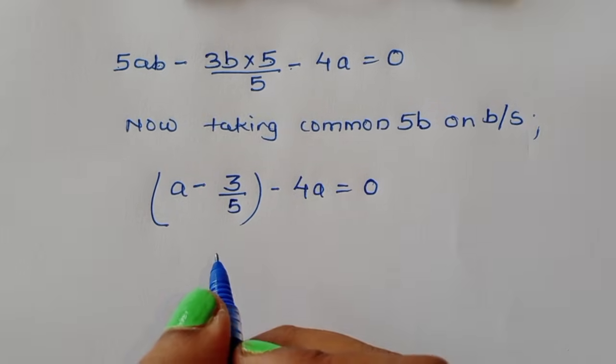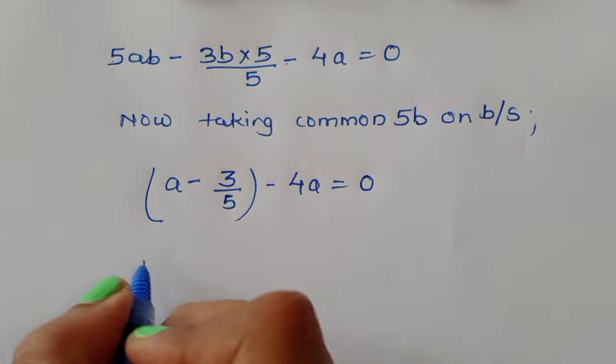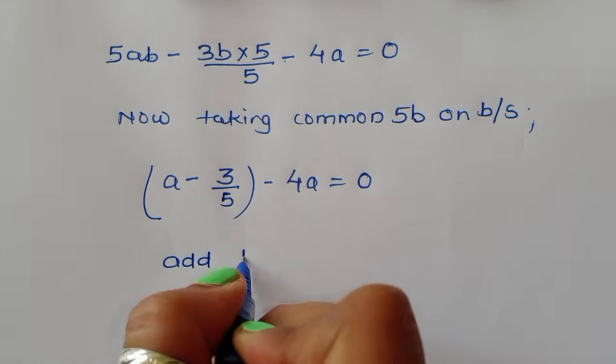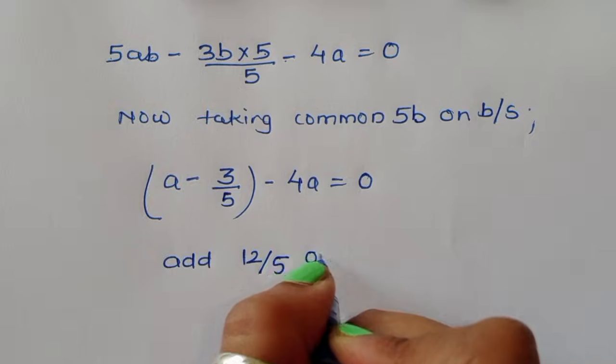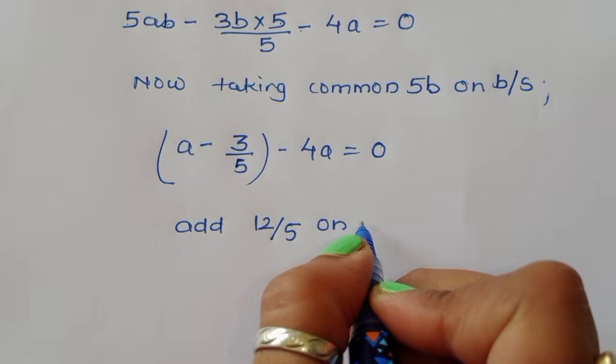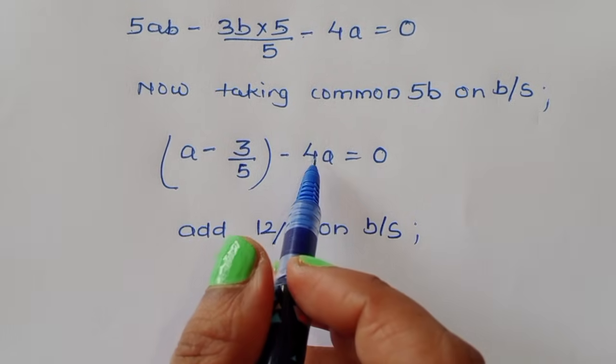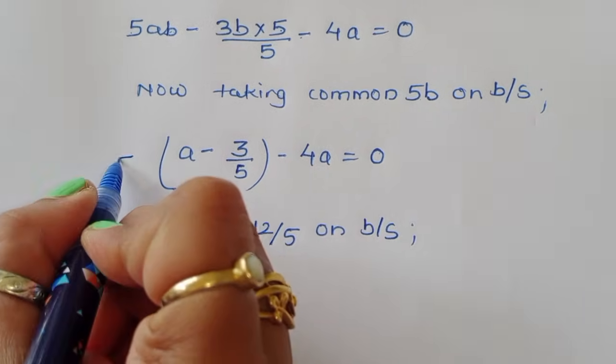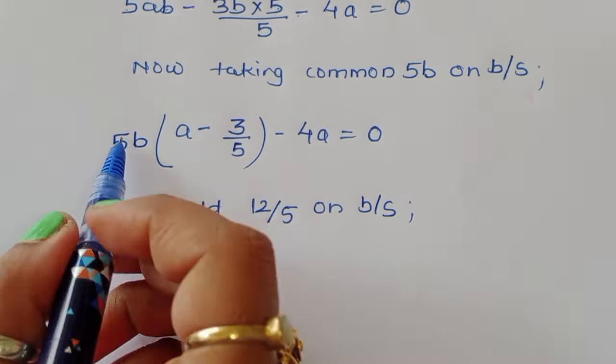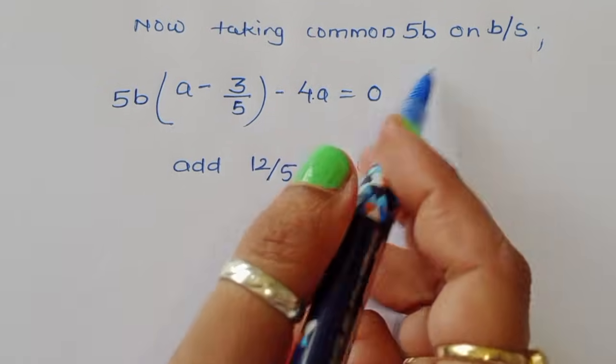Now we have to add 12 upon 5 on both sides, right? So we have 5b times a minus 3 upon 5, minus 4a equal to 0.